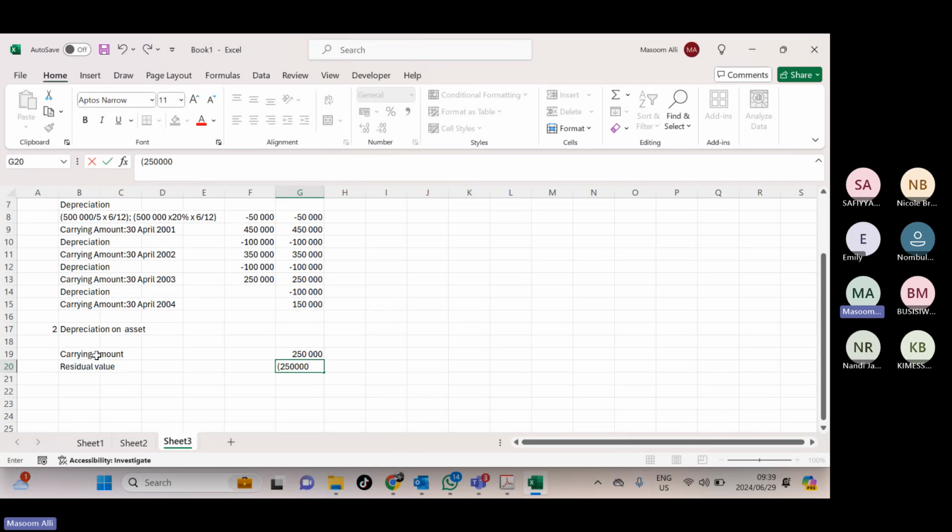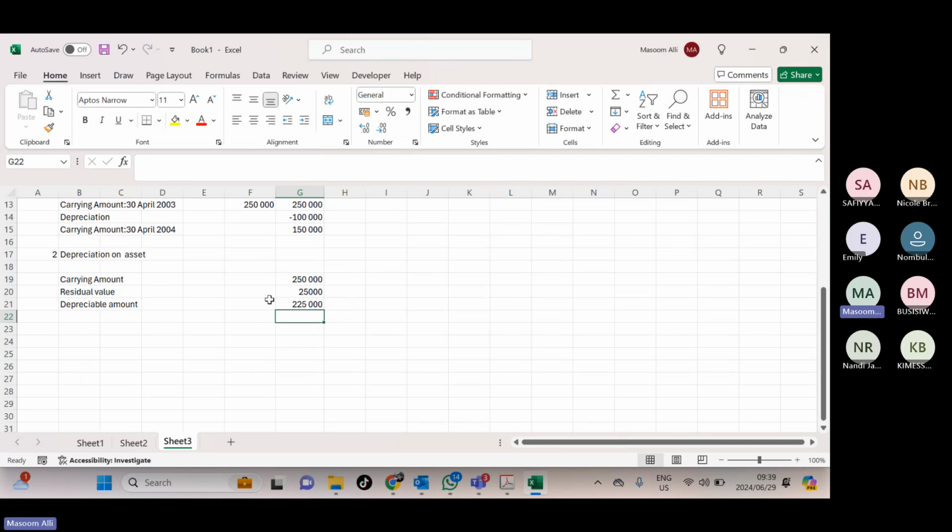But let me just put this in first, right? Because remember, you don't depreciate on cost. You depreciate what? Your depreciable amount, right? You guys know that. Yeah, I can just put it like this. And then say it's equal to this minus that, which is 225,000, right? You depreciate your depreciable amount. You don't depreciate your cost.